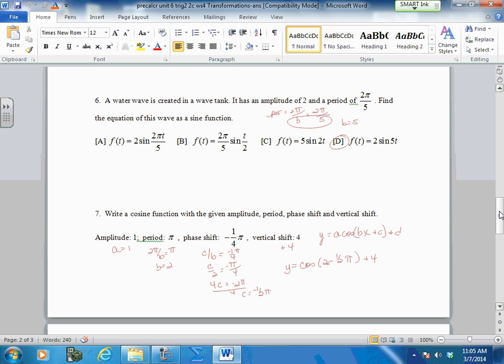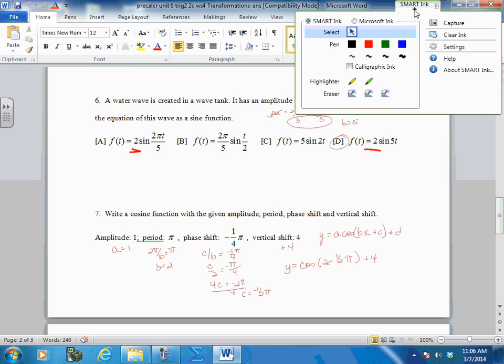You had to get back to the B. You can always do it in reverse. With an amplitude of 2, I'm obviously either this one or this one. So if my period is this, take this and do 2 pi over B. Isn't that my period? It's a multiple choice, so just work from the ones that you narrow it down to.